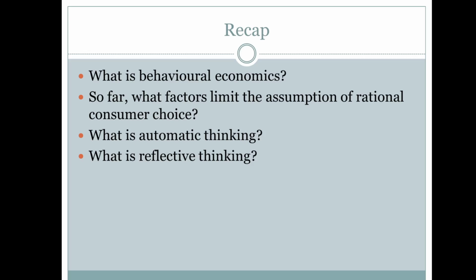Can you explain it a little bit? So what is bounded rationality? When we look at the term, we know it is limited rationality, but how do you explain it?